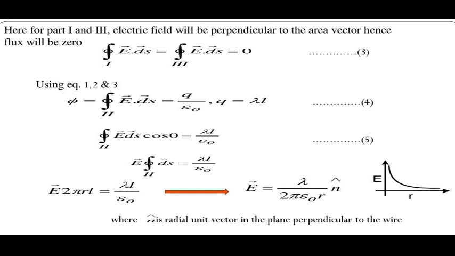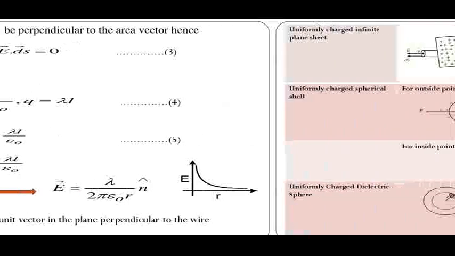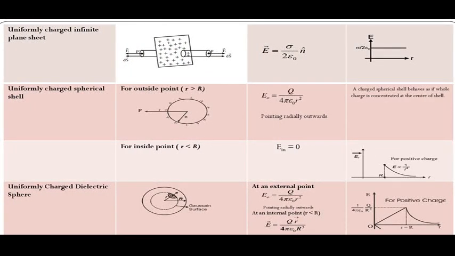So this is how we can find the electric field using Gauss law. I have discussed here one of the applications, but we have many. You can recall the examples of a uniformly charged infinite plane sheet, a uniformly charged spherical shell, and a uniformly charged dielectric sphere. In all three cases, you can see we have chosen a Gaussian surface specific to the problem.